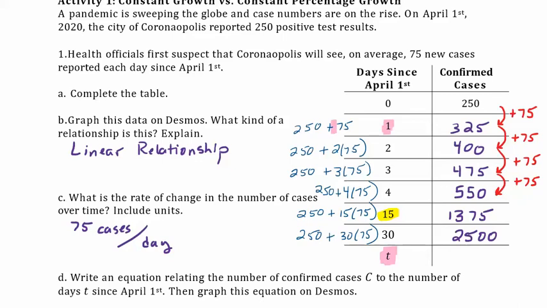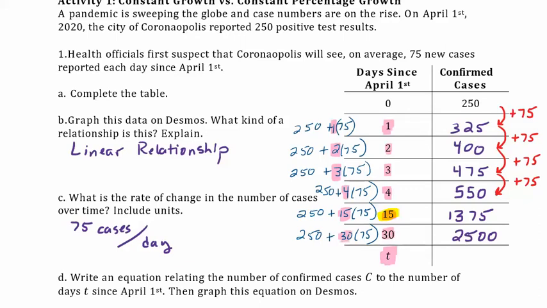Basically, we didn't really have to write that down, but we could have. And adding it onto the 250. When we had 2 days, we were taking 2 times 75 plus the 250.